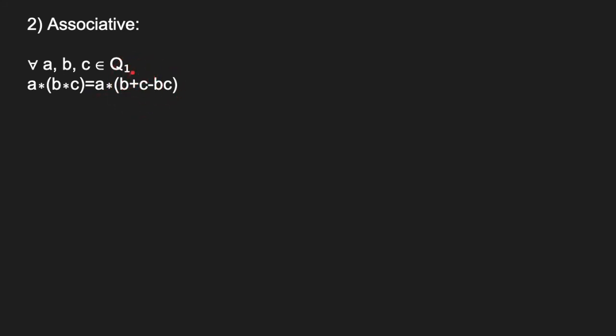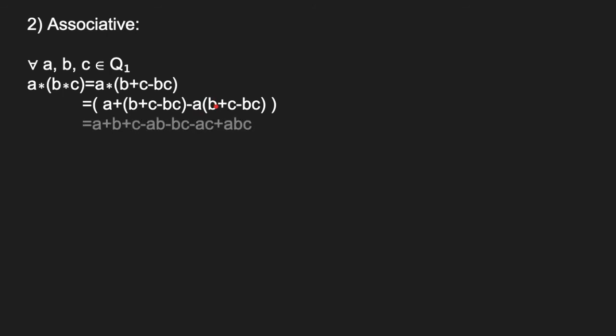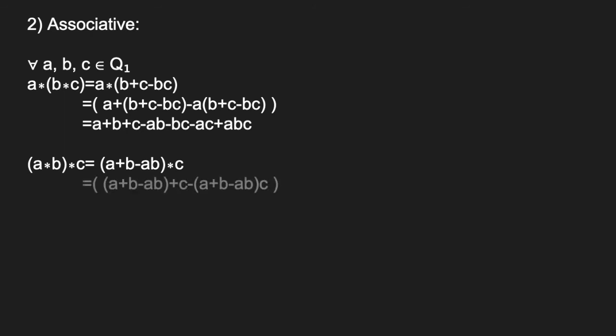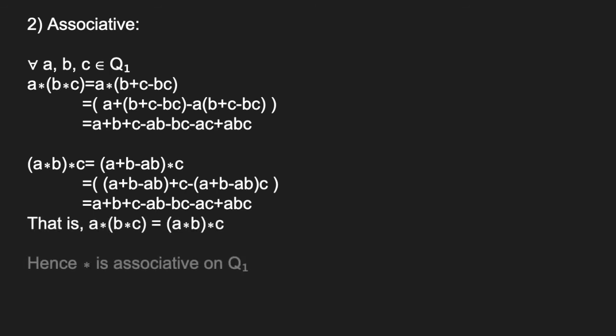Now A star this whole element equals A plus that element minus A into that element, and that will be A plus B plus C minus AB minus BC minus AC plus ABC. In the same manner, we can calculate bracket of A star B star C, and that would also be the same. So hence it is associative.